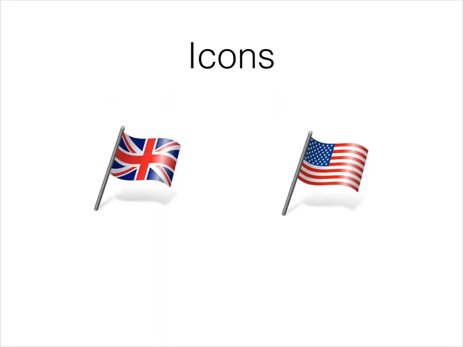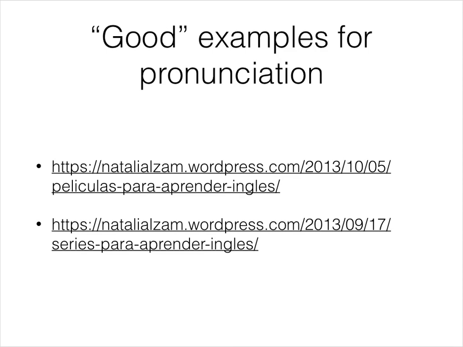Okay, so as I said, we're going to concentrate basically on British RP pronunciation, but along the course, if there are different pronunciations, we will have these icons, of course, to make the difference between British or American English. Okay, because sometimes there might be different. Again, if you want more good examples of good pronunciation, you can go to any of these links.